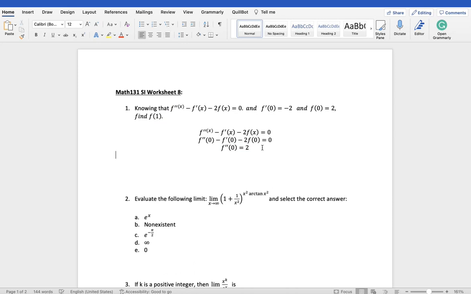So let's say, for example, that the function you're trying to find, f of x, is equal to something like 2 times 1 minus x.